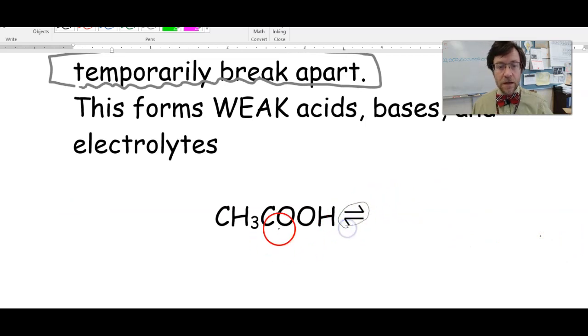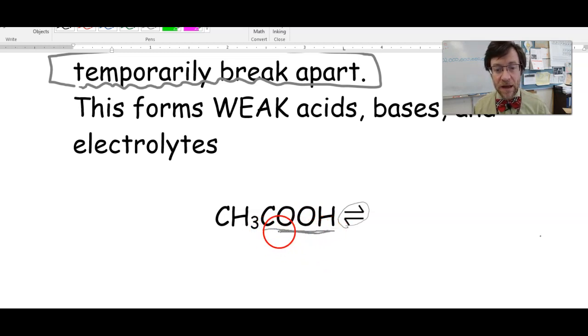Okay? And I chose this guy. This is acetic acid, right? And I chose this one on purpose because I want to talk about what happens. So this is an organic acid. And so what we do to show where the acid part is, the part of the carbon molecule that's actually acidic, is this.